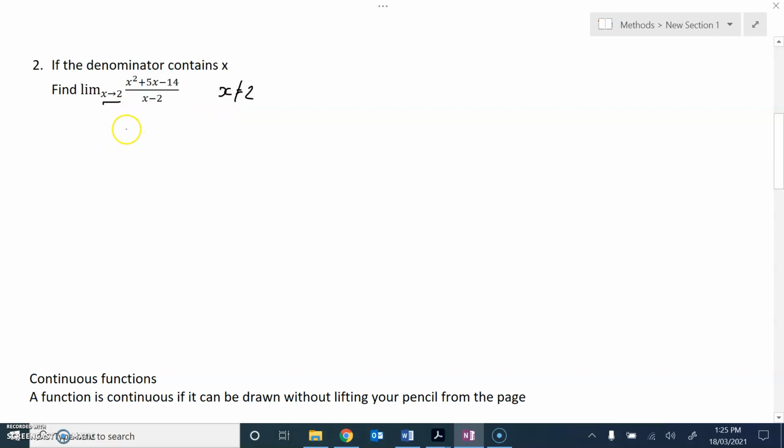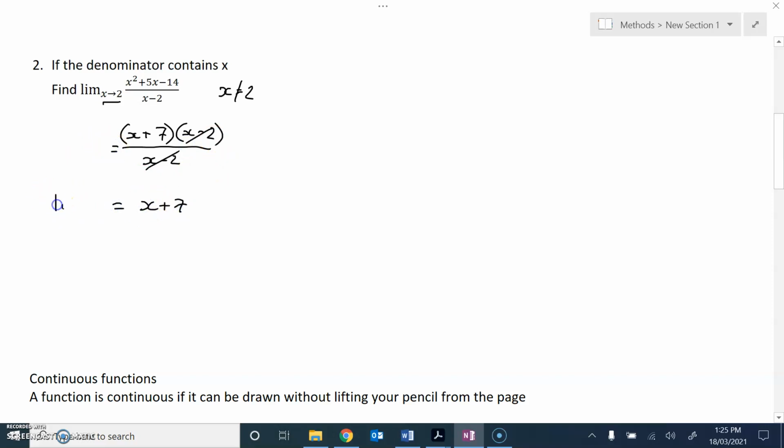So what I'm going to do here, top line, I'm going to factorize: factors of 14 that add up to 5, 7 and 2, and it's going to be x plus 7, x take 5. What do you notice? My x take 2 cancel out, so I'm left with x plus 7.